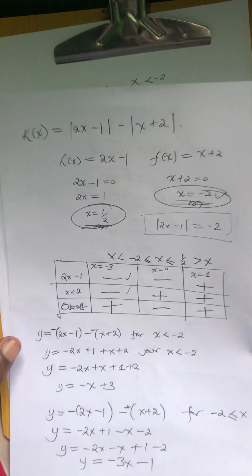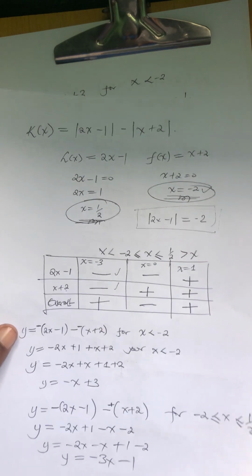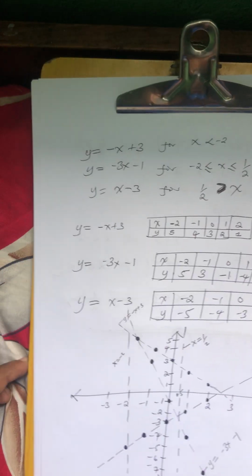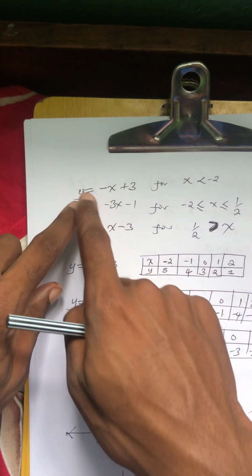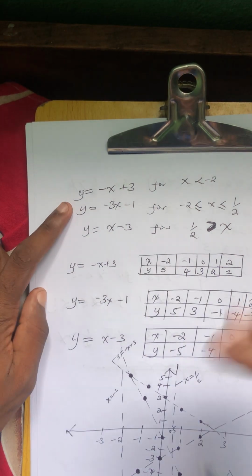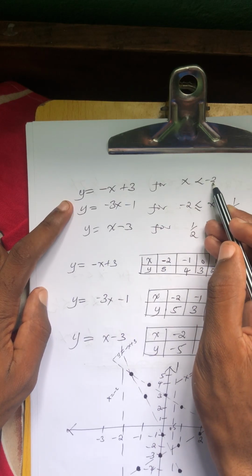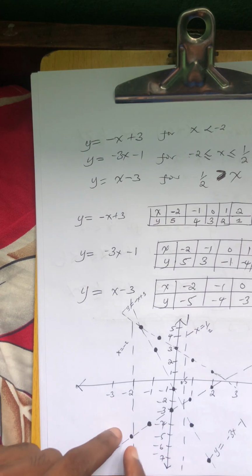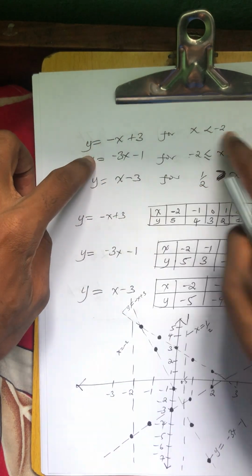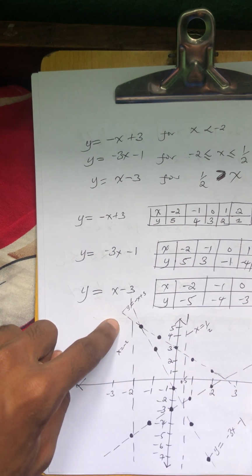Then after going towards the critical points, now we follow the regions. So for this linear equation, we are only interested where x is less than minus 2. So this is for this linear graph here.